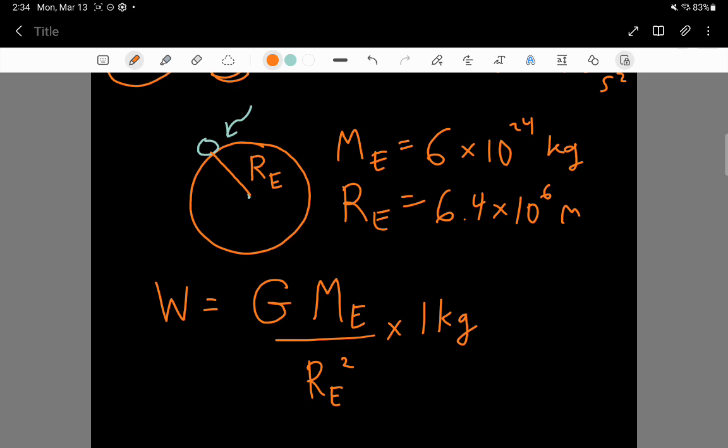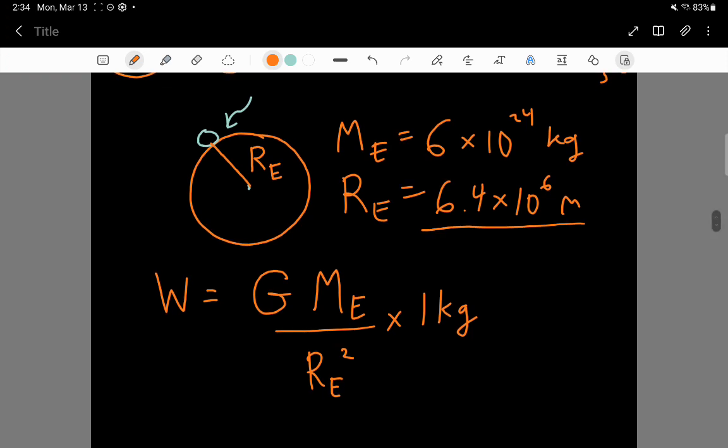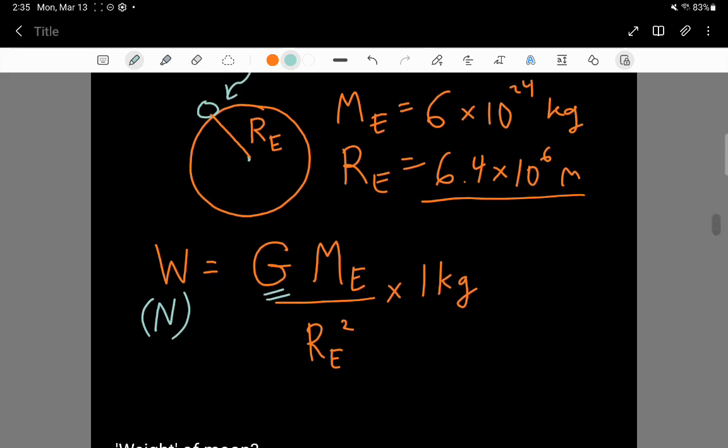Can you see that I just filled in Newton's universal law of gravity? So when you plug in these numbers, you see these are numbers that you can calculate with, and capital G is also a number with a bunch of physical units. The result of this calculation is going to give newtons as the unit. And remember that we are calculating a weight force.